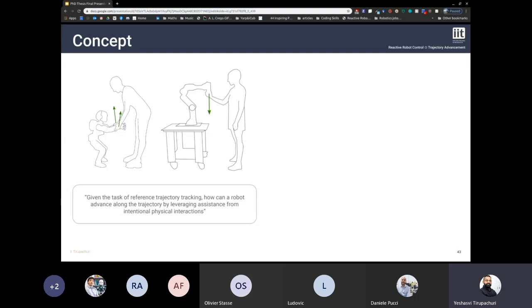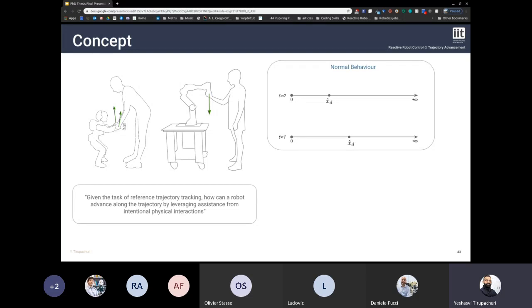So the problem statement can be summarized as: given a task of reference trajectory tracking, how can a robot advance along the trajectory by leveraging assistance from the intentional physical interactions the human is providing? Normal behavior here can be characterized by looking at these two timestamps. These are the positions and the current velocities.